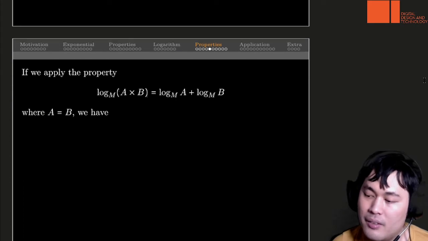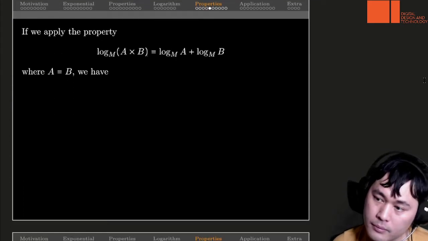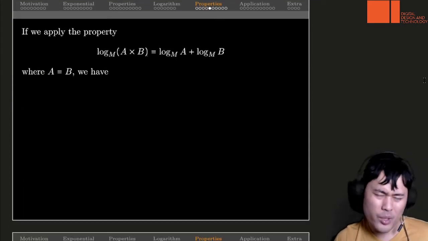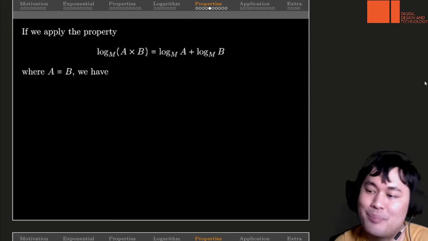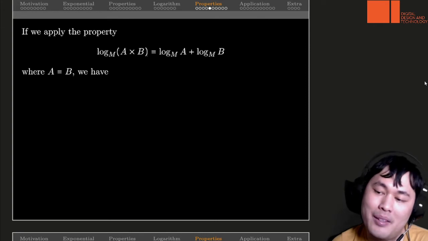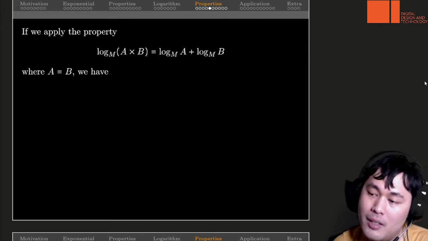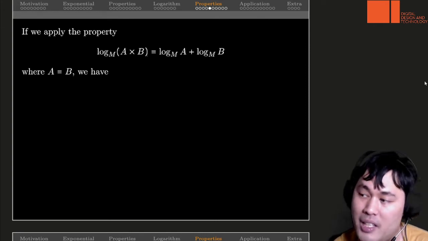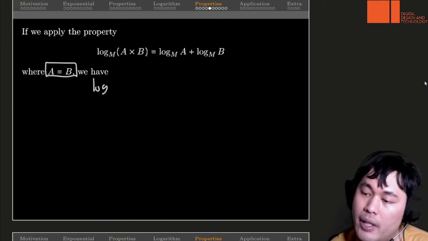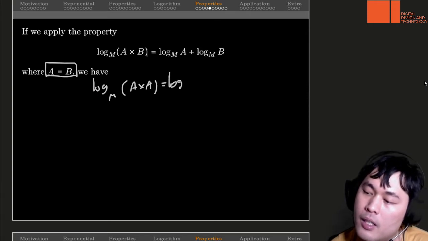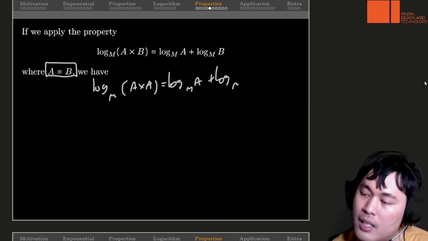The next one we have. We use the property we just discovered, or we just proved, right? And see what happens if the two numbers are actually the same. So let's say if a and b are the same, what we would have is log base m of a times a equal to log base m of a plus log base m of a.